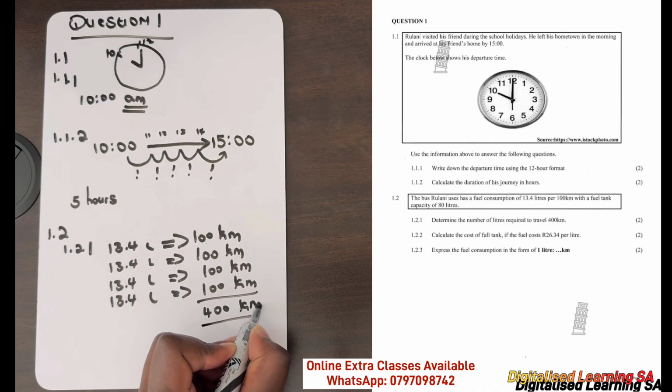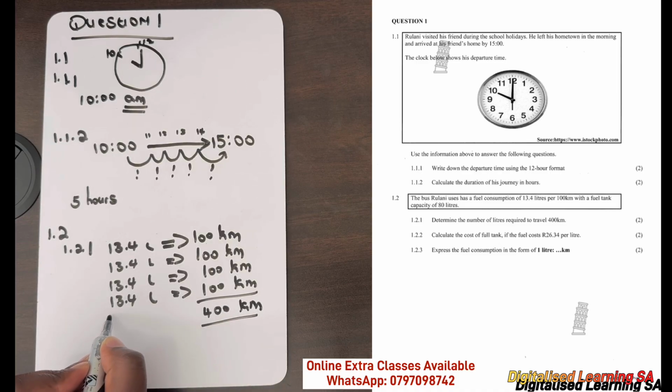To determine the number of liters, we can just add everything, but this is the longest way of doing it. Otherwise, we can just say 13.4 multiplied by 4 and get our answer. If we add all of them, 13.4 plus 13.4 plus 13.4 plus 13.4, our answer will be 53.6 liters.